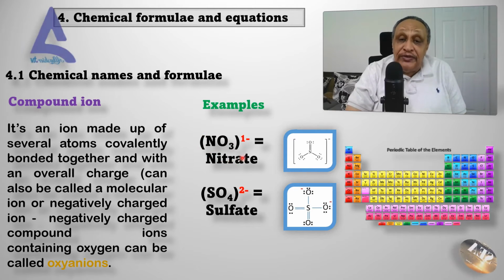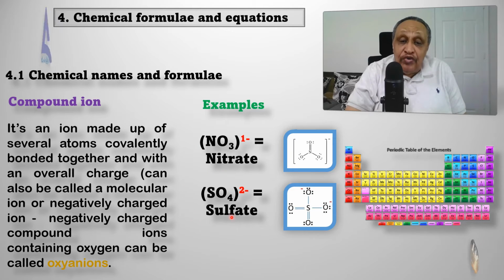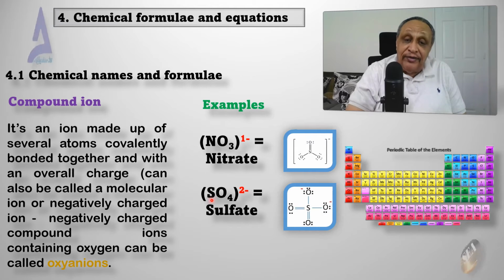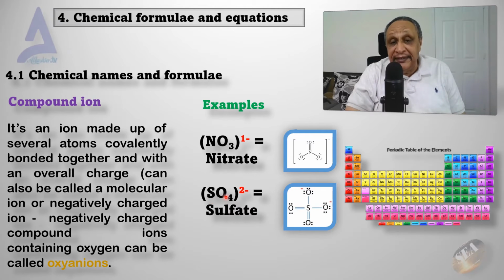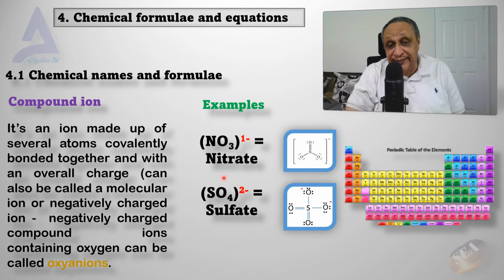So the whole group is called nitrate. And the whole group here is called sulfate. It is not sulfur alone or oxygen alone. It is not nitrogen alone or oxygen alone.